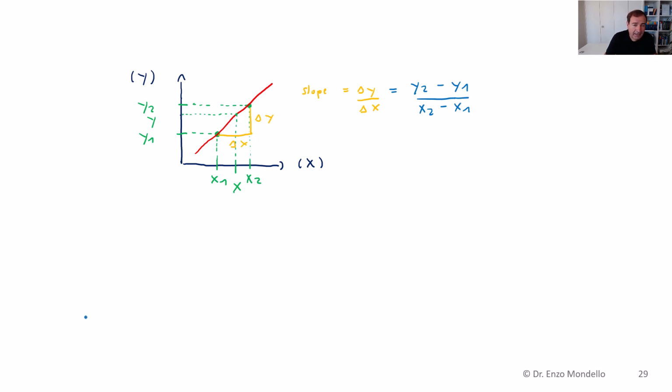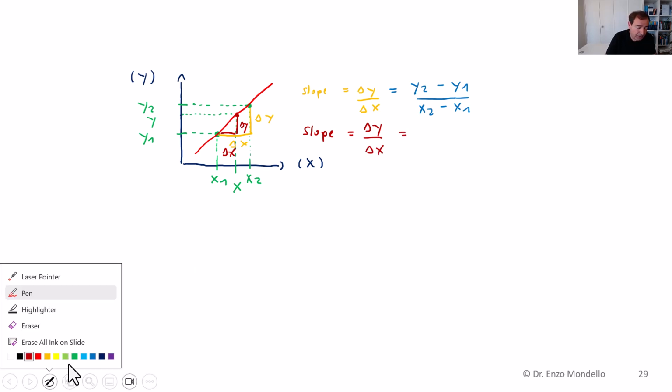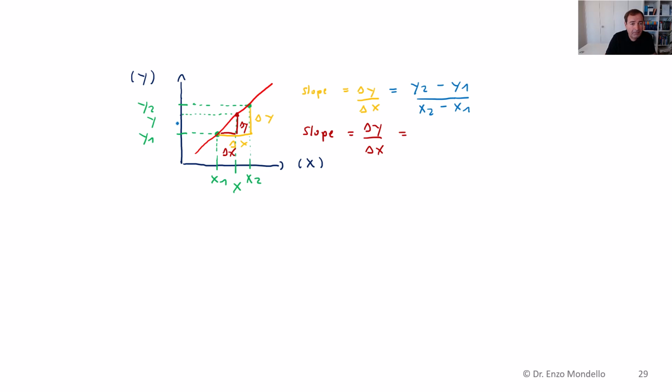So I can now calculate the same slope of the straight line at this point here. This slope is again the change in y divided by the change in x. The change in y is given by y minus y1, while the change in x is given by x minus x1.